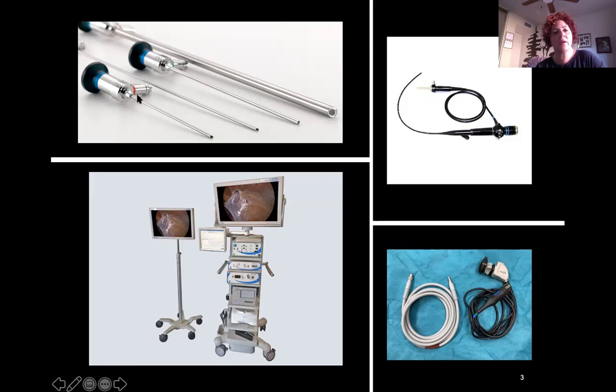The light cord is going to attach here on these little posts, and that's going to give us our visualization. So as the surge tech, one thing that we're doing is putting this equipment together. An important thing is to make sure that it all fits together before we get to the field.